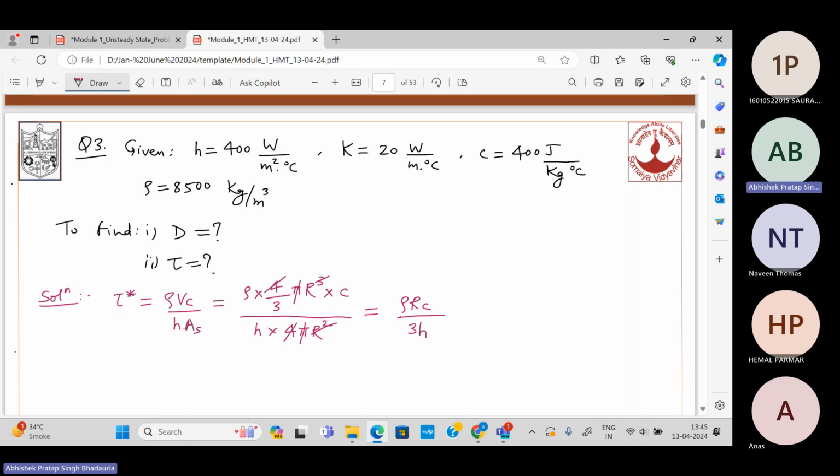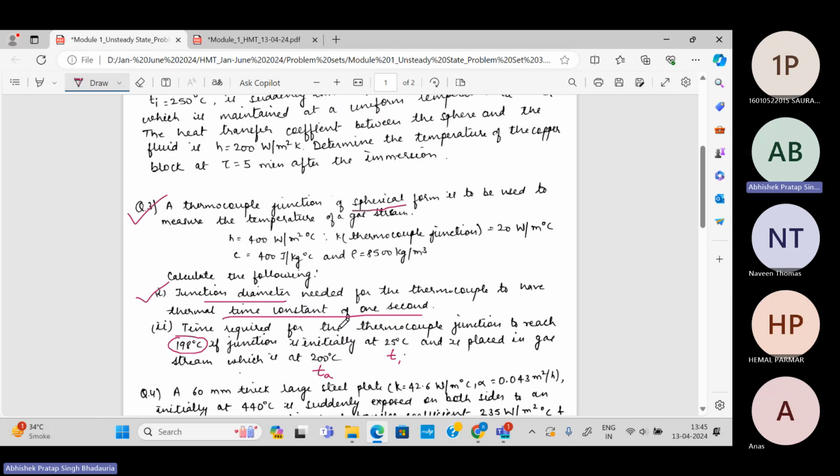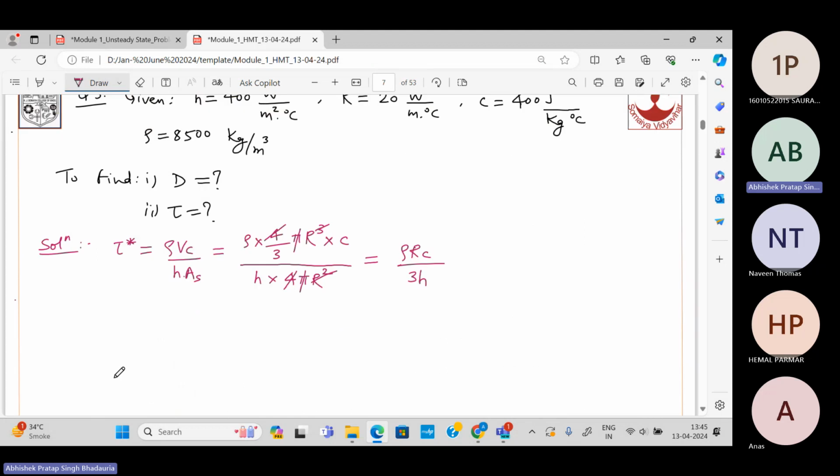So we got this expression. And in the problem, it is given as a 1 second time constant. We need to find the junction diameter. Very simple, just put in all the values.